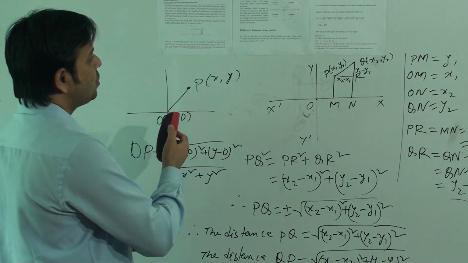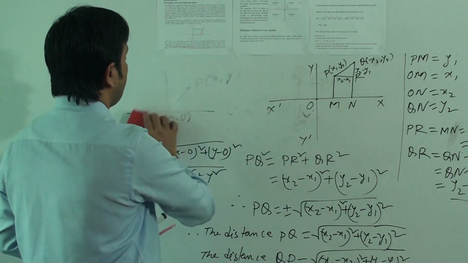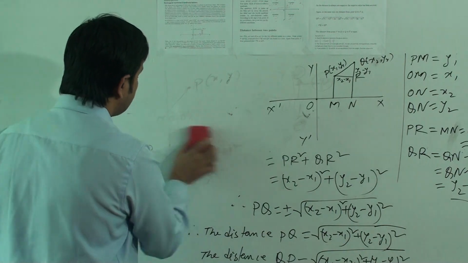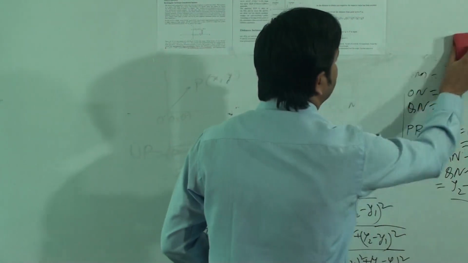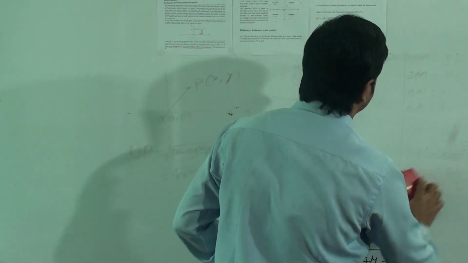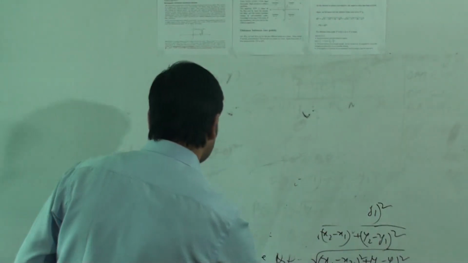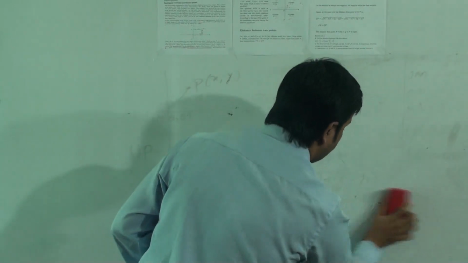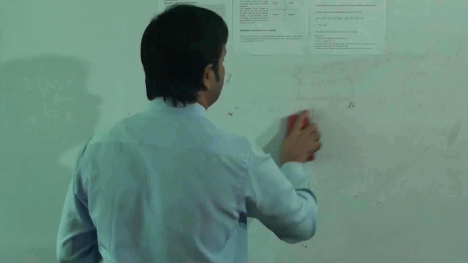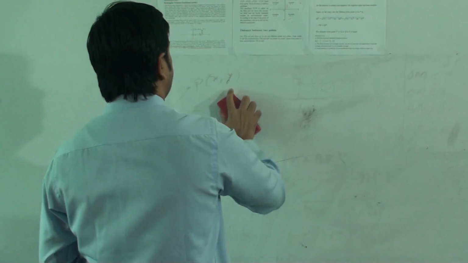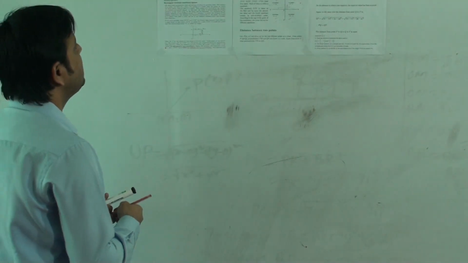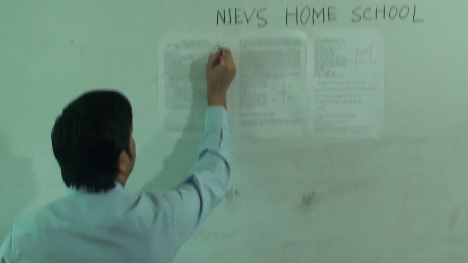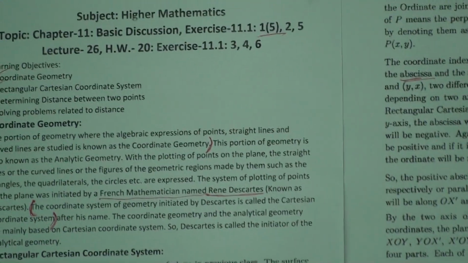Okay, dear students, so I have shown you how you can determine the distance between 2 points. Now I will solve problems from exercise 11.1. At first I will solve question 5.